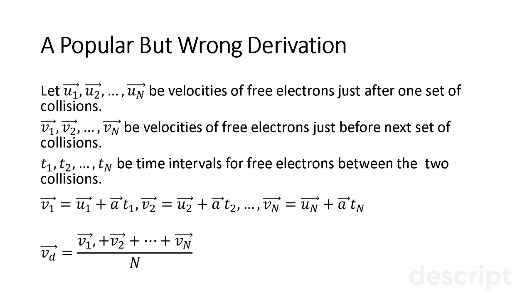So, v1 will equal u1 plus a t1, v2 equals u2 plus a t2 and so on till vn equals un plus a tn. Drift velocity vd will be the average of v1, v2 and so on till vn.